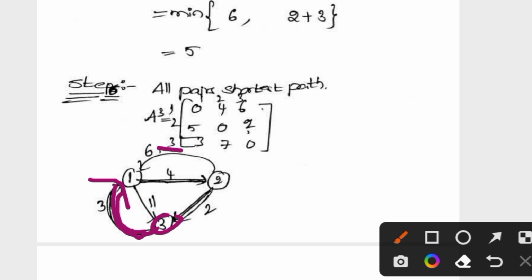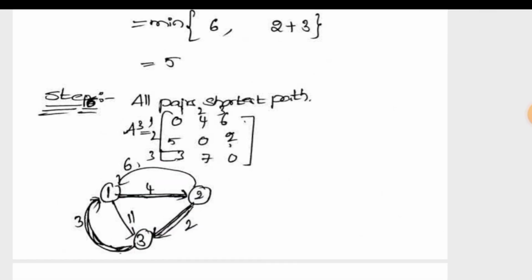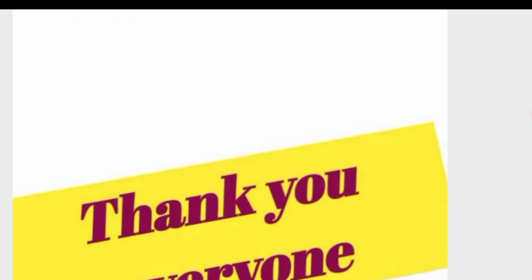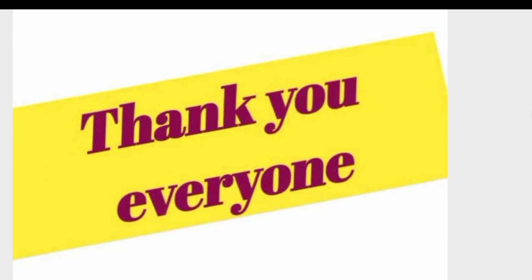Now we have to go to 2, that is here, so the value is 3 plus 4, the value is 7. So we got the correct one. This way we calculate the minimum path, and finally we highlight the path, and from this matrix we can find the minimum path. Thank you everyone.